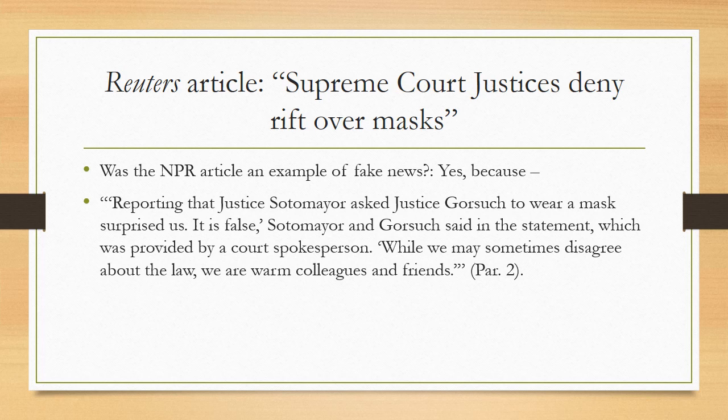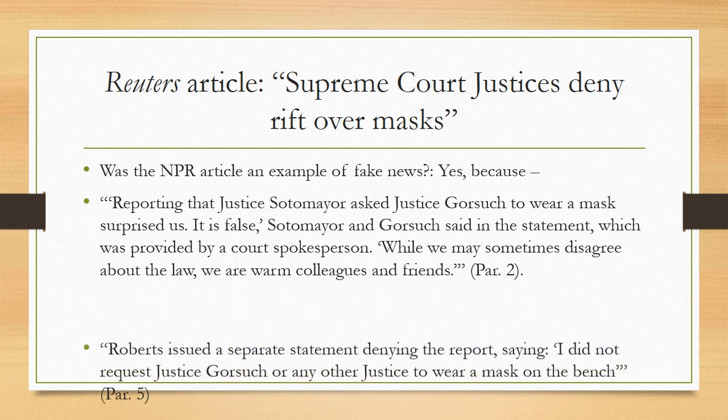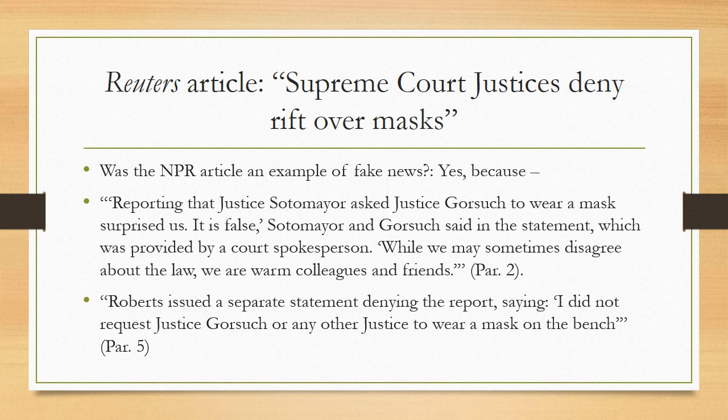NPR report. So we know right there that basically it's false, but let's dig a little bit deeper and suss that out more. There's another statement that completely refutes what's in the NPR report, where Roberts, the head judge, issued a separate statement saying he never even asked them to mask up. So there's two blatant statements from the NPR report that the justices themselves actually refuted just the next day.